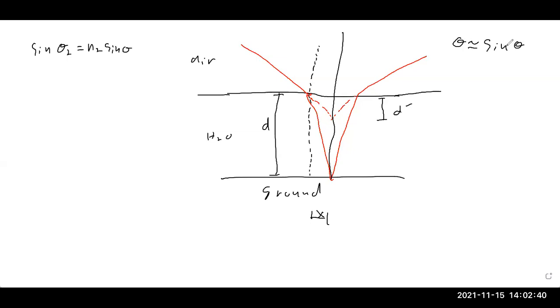The sine of 0.01 radians is very close to 0.01. So if we make that assumption, oops, this needs to be a 1.